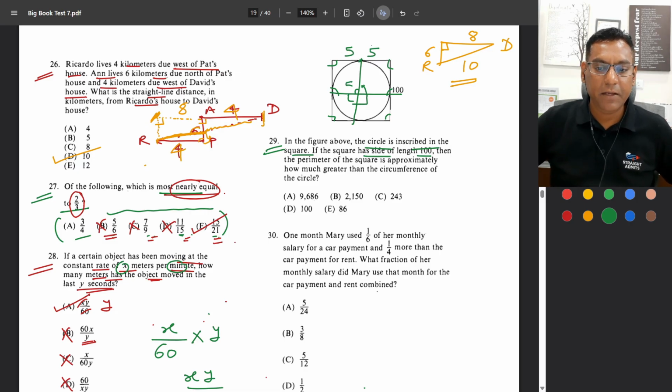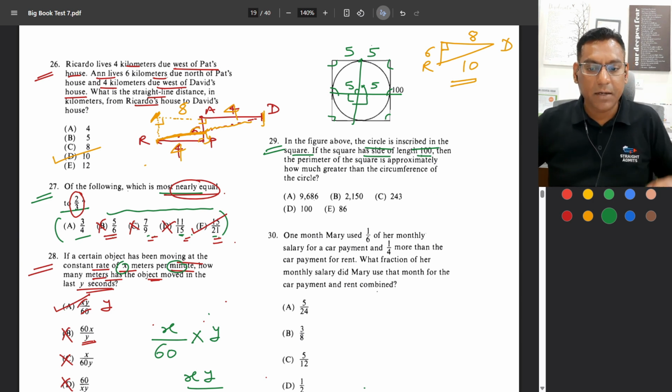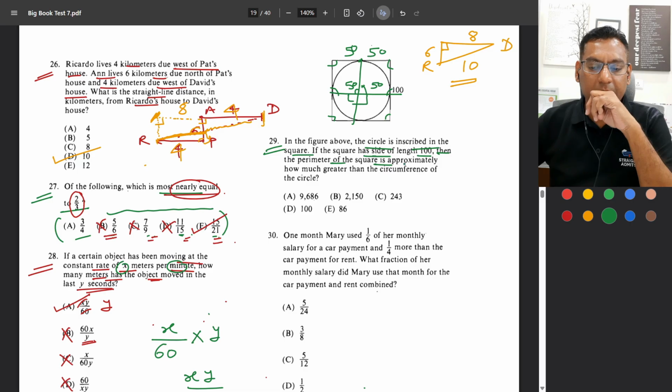The radius is 5, diameter is 10, side of the square is 10. Oh, not 10, 100. The square has side of length 100. So this is 50-50. Sorry. Then the perimeter of the square is approximately how much greater than the circumference of this.